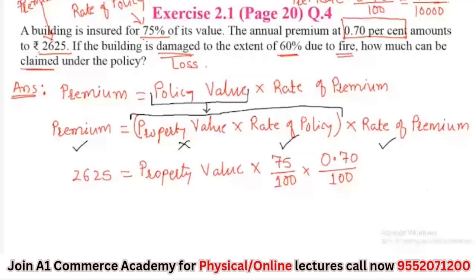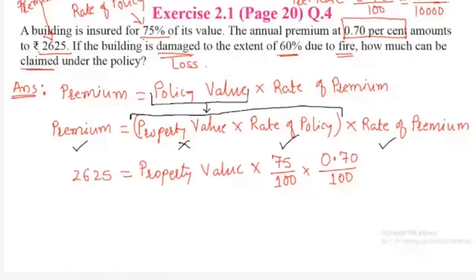Okay, solve this tomorrow. Yes, that works too. You calculate first the policy value and then you calculate property value. That will also work. But proper policy value is not required, so I'm not calculating. Or policy value will also be needed. Policy value will also have to be calculated. We require both policy as well as property value. So you can do that.